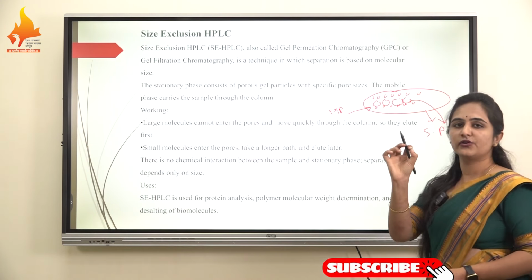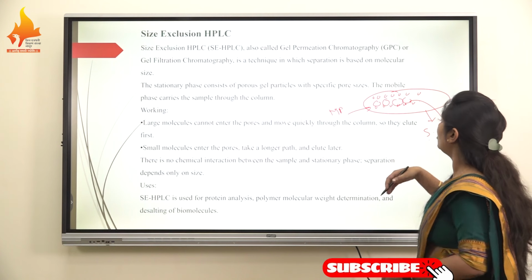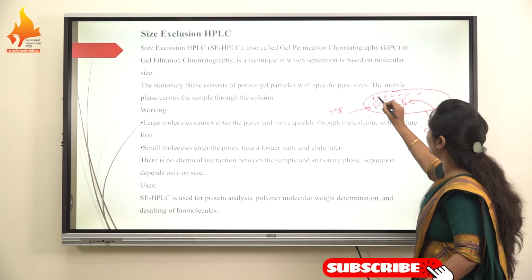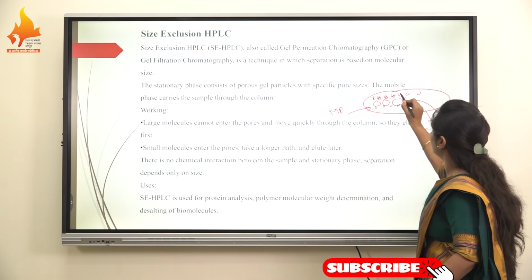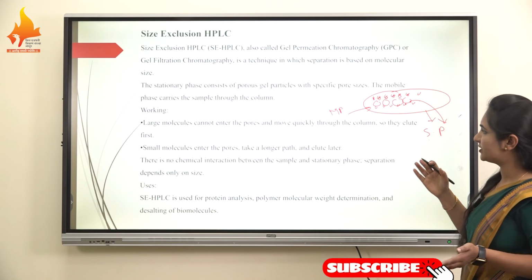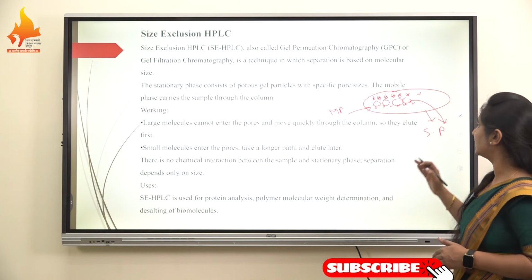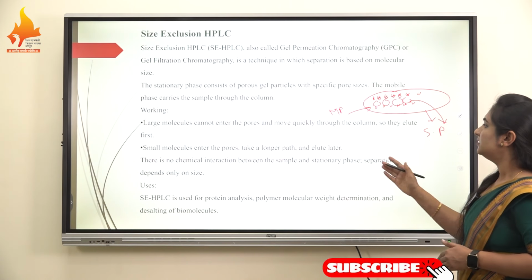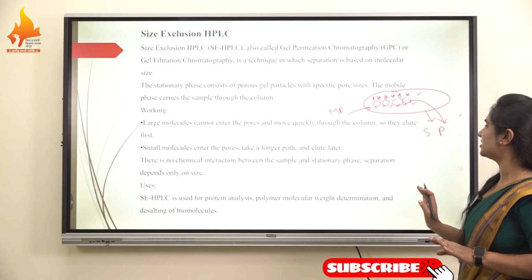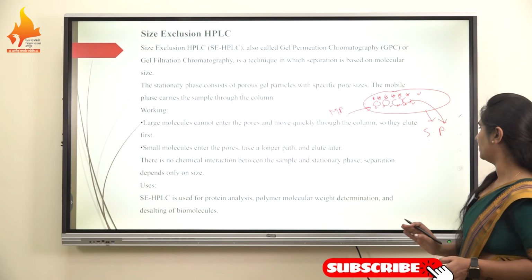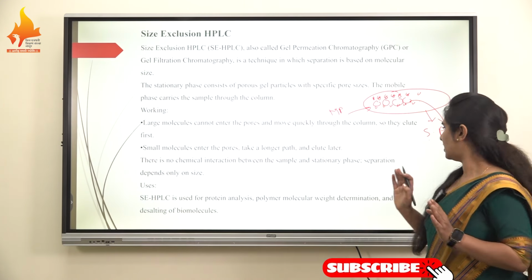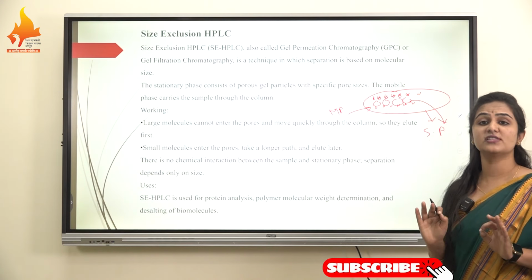Small molecules enter the pores, take a longer time, and elute later, after the larger molecules. There is no chemical interaction between the sample and the stationary phase, and the separation depends only on size.